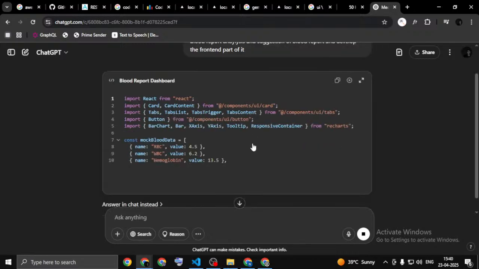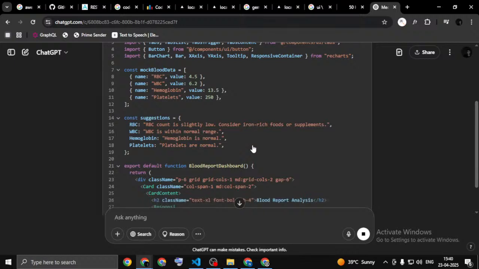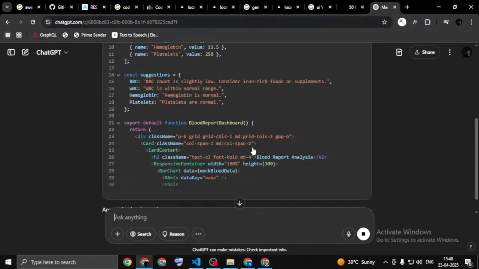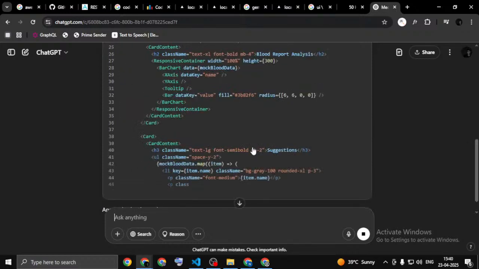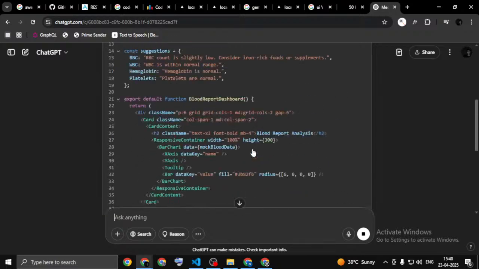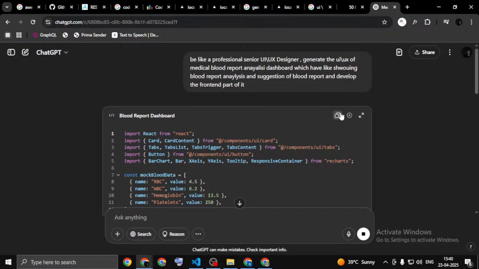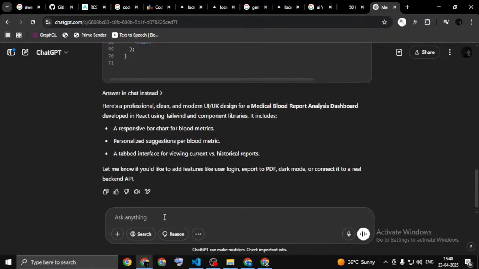Oh, I didn't. Sure. Draw the image of UI UX, not the code.